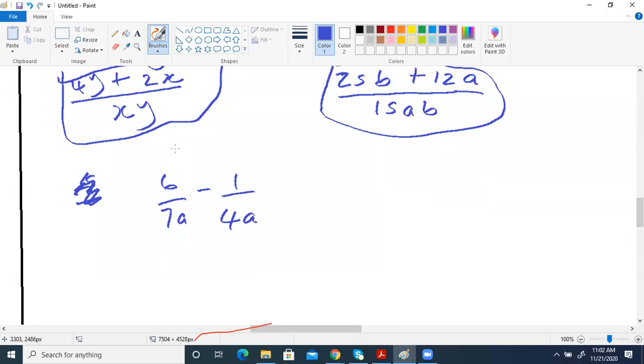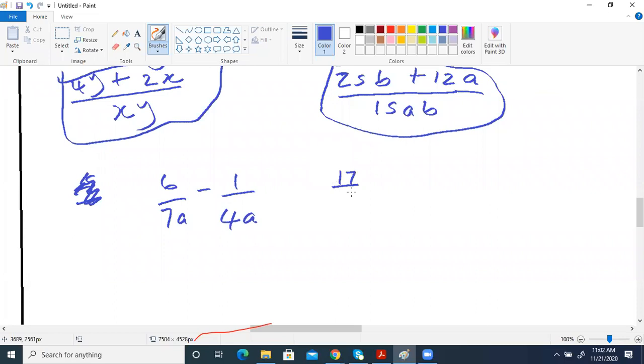I got it. Got it? Yeah. What's the answer? 17 over 28. 17 over 28? That's a weird one. Sounds weird, but it is probably right.